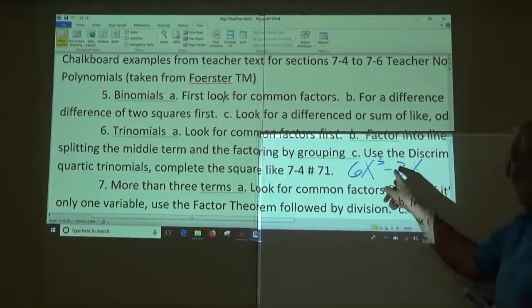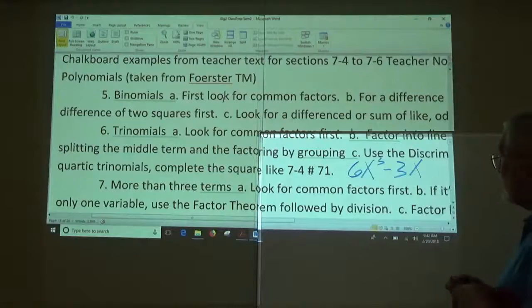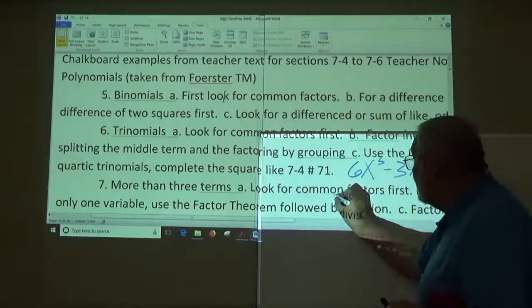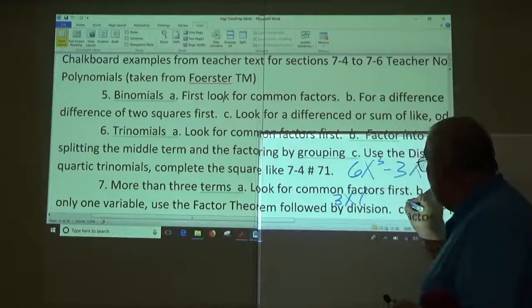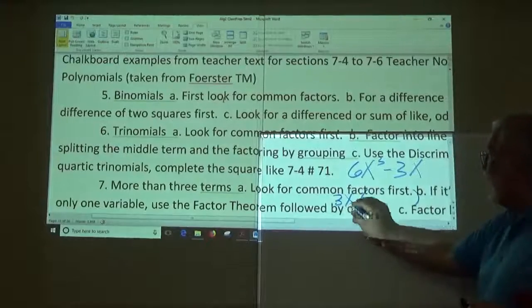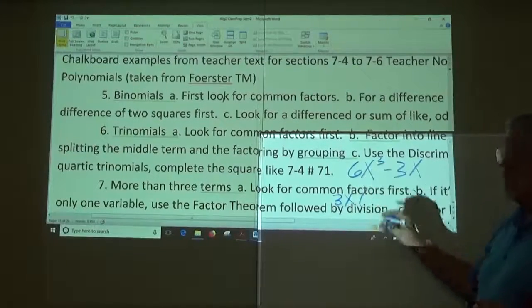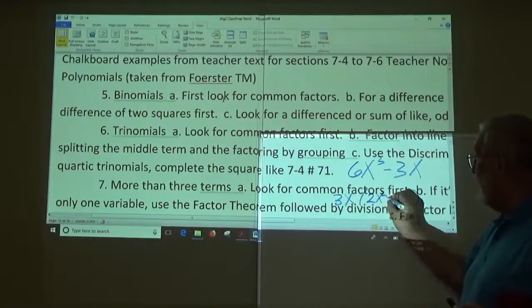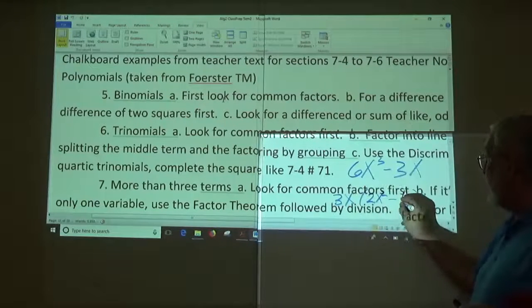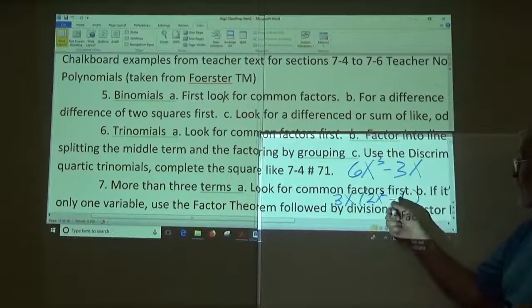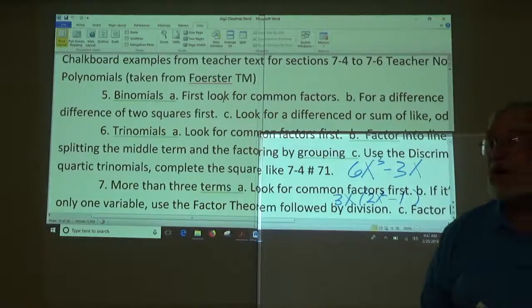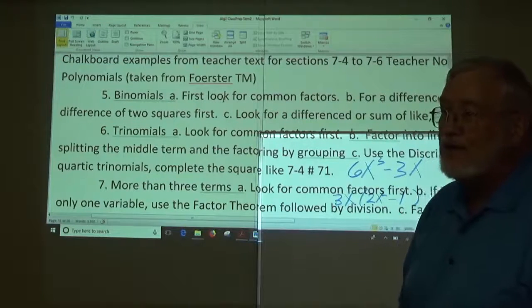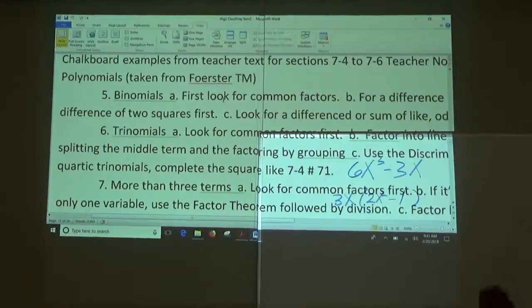So when you take the 3 and the x out, what will be left? Well, what do I multiply 3x by to get 6x cubed? 2x squared. Minus, and then minus 1. Now, that 2x squared minus 1 looks like a difference of squares, doesn't it?